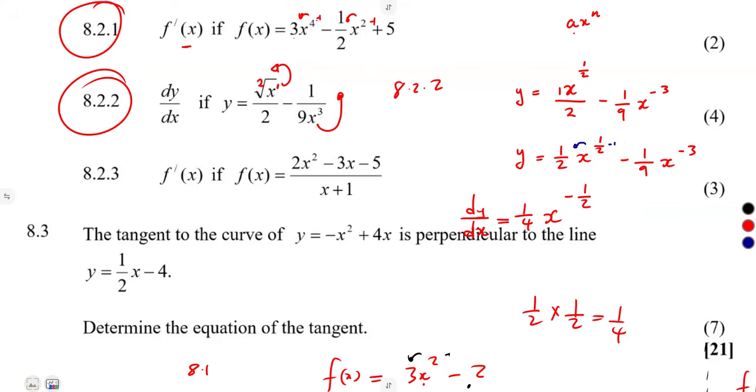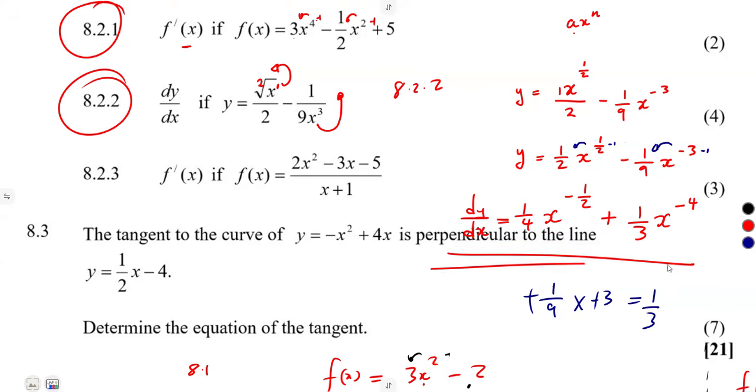Use your calculator. You do the same thing here. You drop the power, then subtract 1. So it was going to be negative 1 over 9 times negative 3, and that was going to give us positive 1 over 3. x to the exponent of negative 3 minus 1, that's a negative 4.